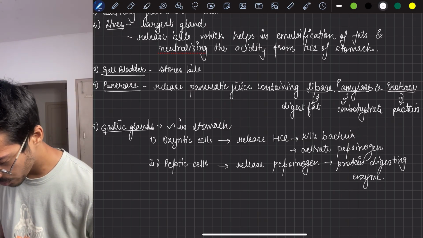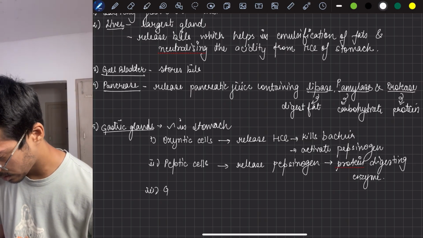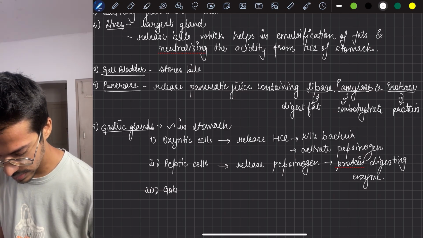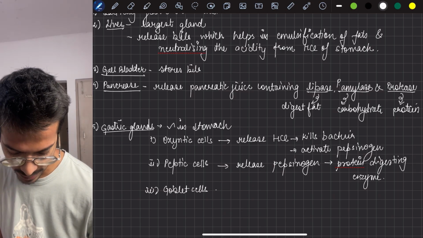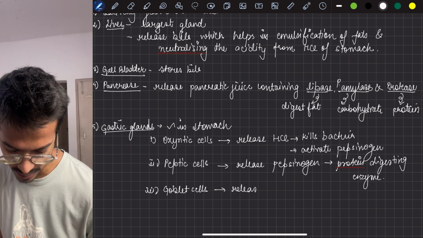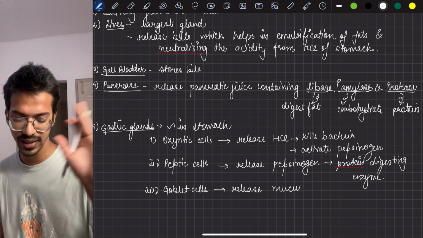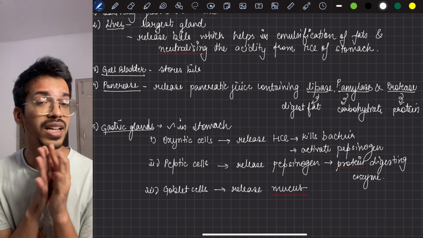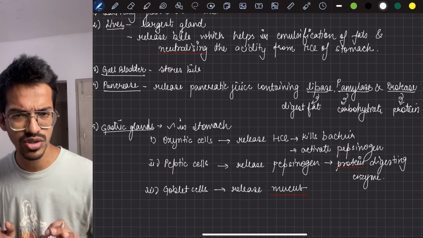And the last one is the goblet cells. They release mucus. Same function, everything same. So this is the digestive glands and digestive system, which is the easiest of it.